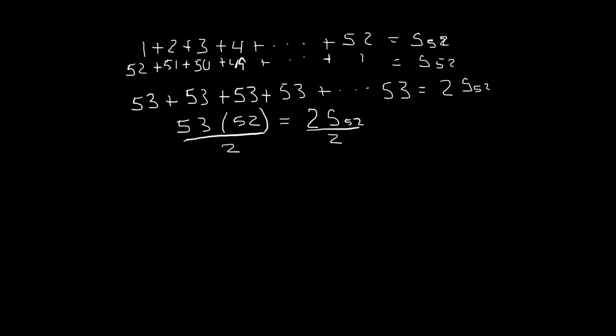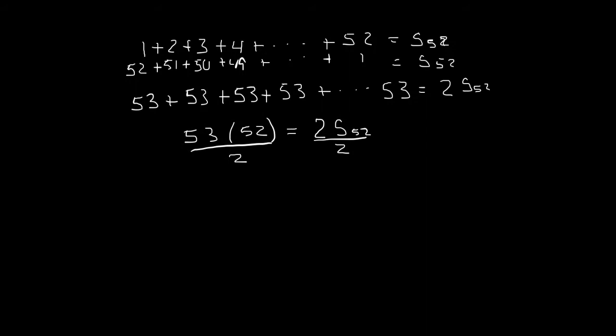And we're going to get our sum, because our 2's are going to cancel. S52 is going to be 52 over 2 times 53.